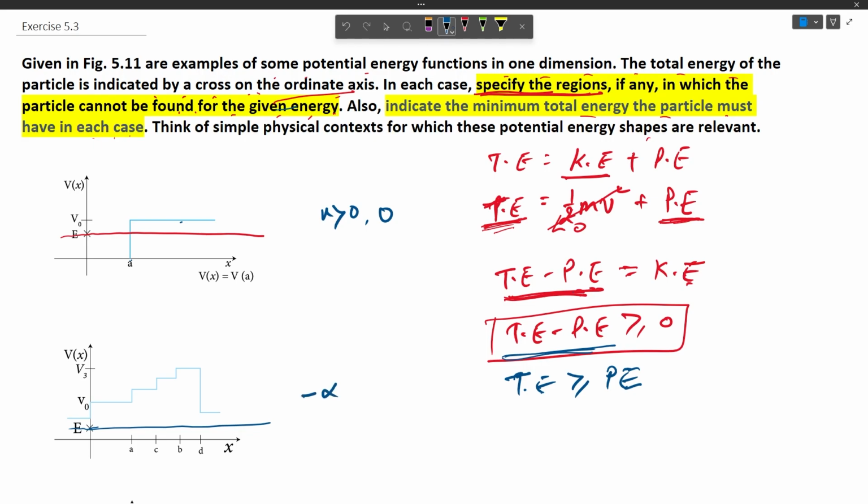From minus infinity to plus infinity, the particle cannot be found. Now the minimum total energy that the particle can have is, let us represent this magnitude as V1, so it is going to be V1.